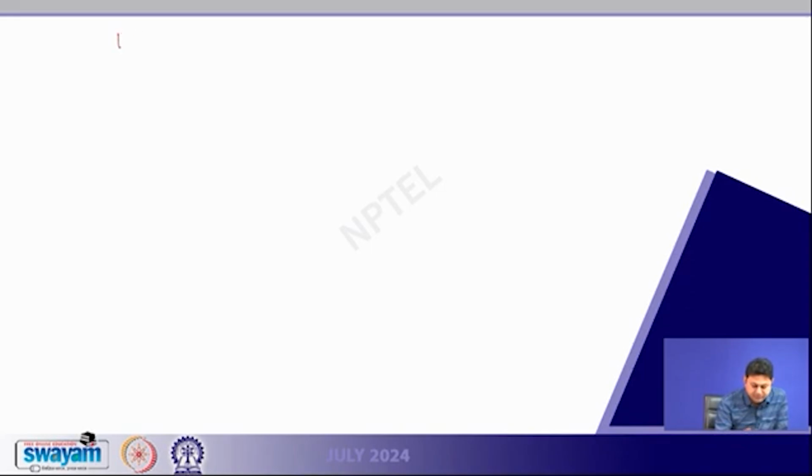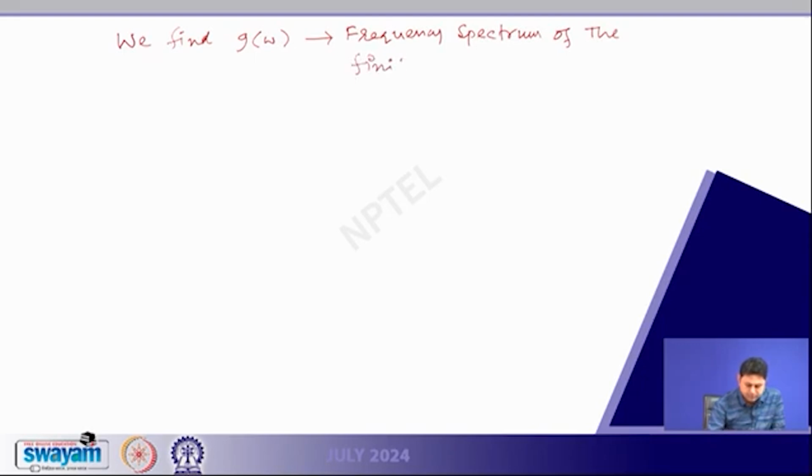Here we find g omega, which is the frequency spectrum of the finite wave.